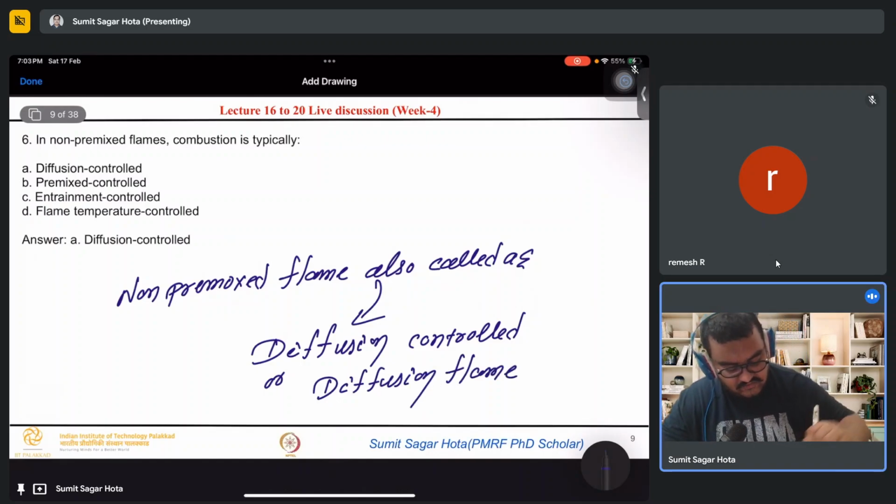Because of the diffusion of fuel and oxidizer, this flame will propagate. So that's the case here.